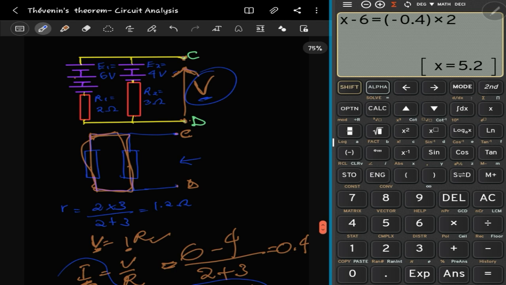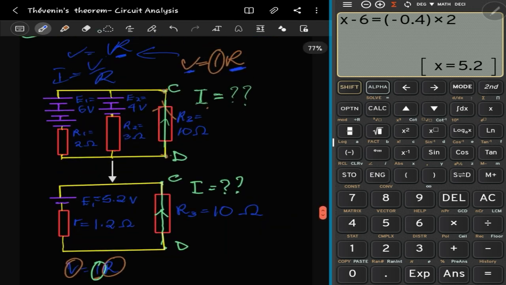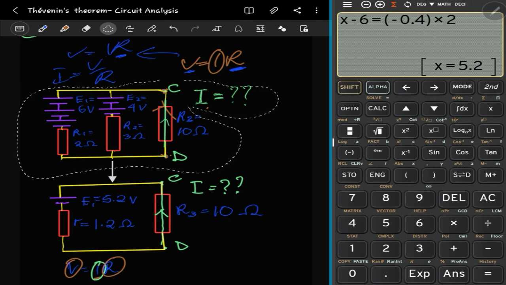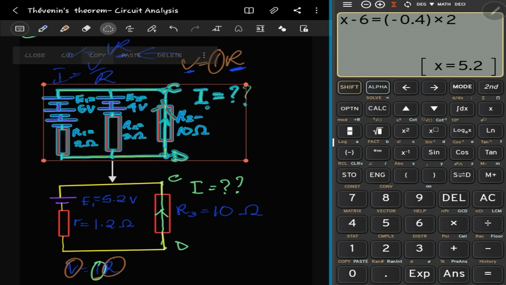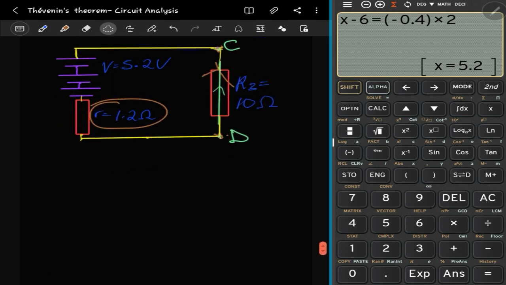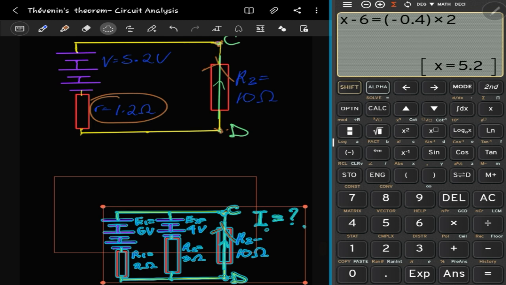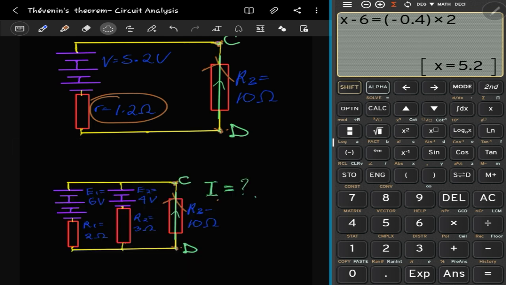So let's bring it. This is the original thing. Let's just add this. Okay. So this is the original circuit, right?